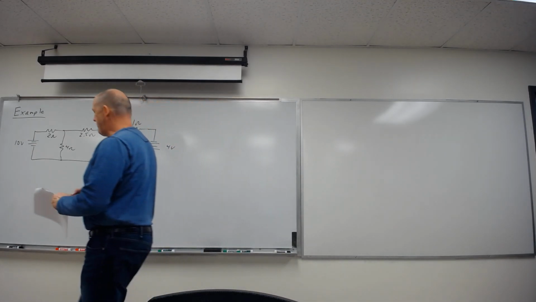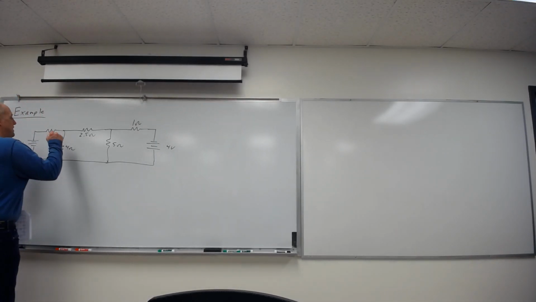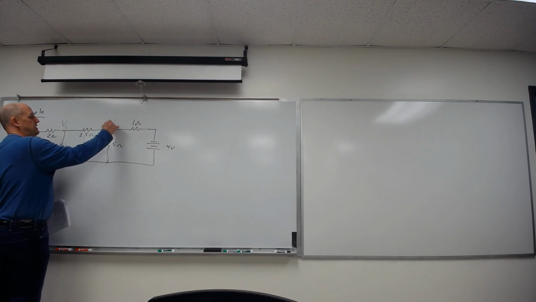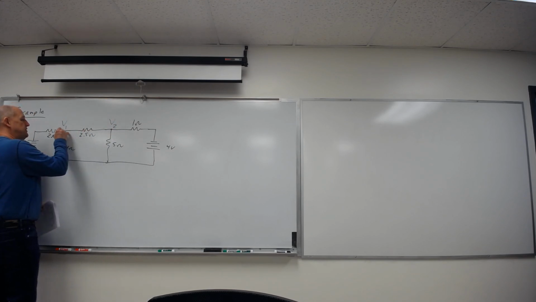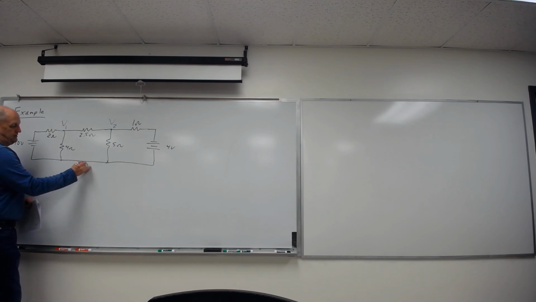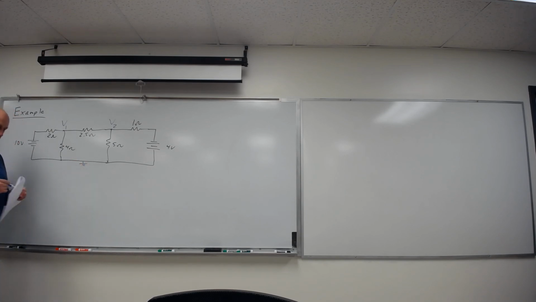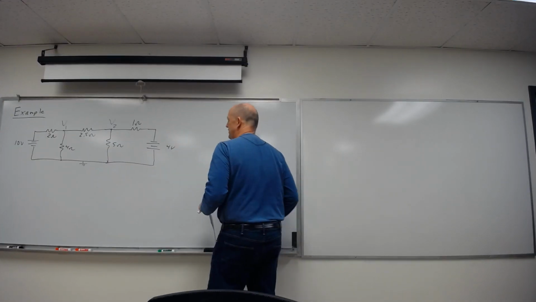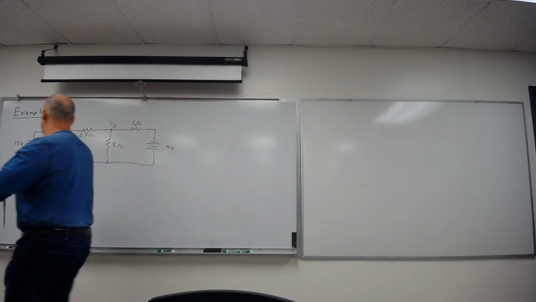So I'm going to come up here. I'm going to label this V1 and V2. So this is this node and this node. And again, that's relative to ground. So probably just assume that as a ground, make sure that I note it here. I'm also going to go through, I don't know if I need the numbers on these, but let's go ahead and split them.